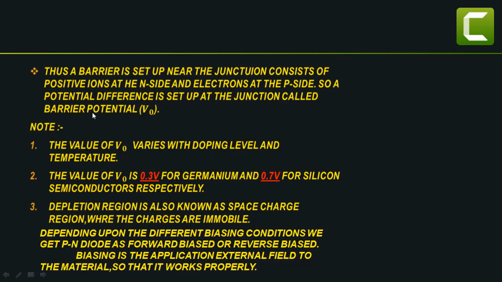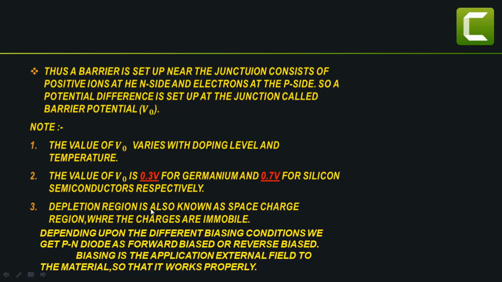It means the value of the barrier potential varies with doping concentration and temperature. The value of V0 is 0.3 volt for germanium and 0.7 volt for silicon. So the barrier potential for germanium is 0.3 volt and for silicon it is 0.7 volt.